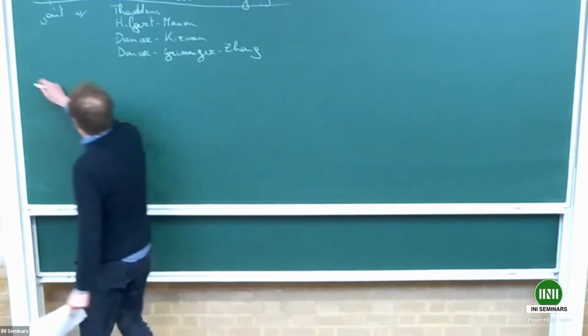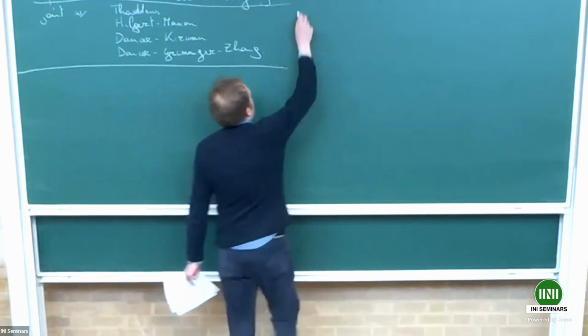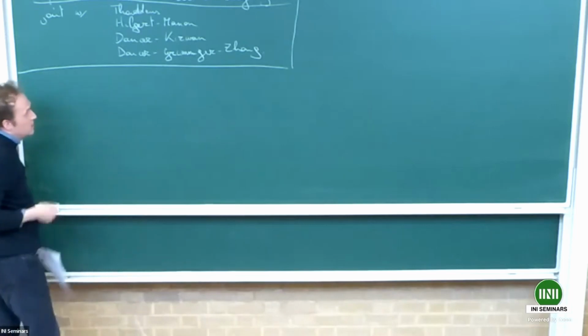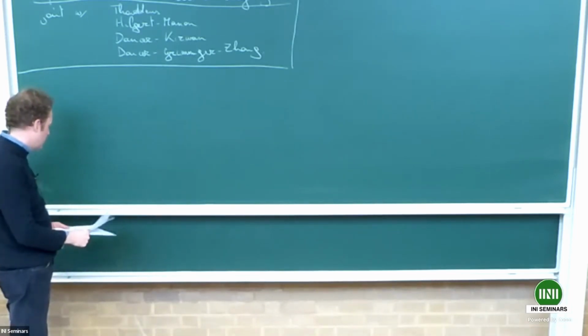So I want to talk about a certain pattern that you have in equivariant geometry. And I'm going to be talking about three flavors of geometry.